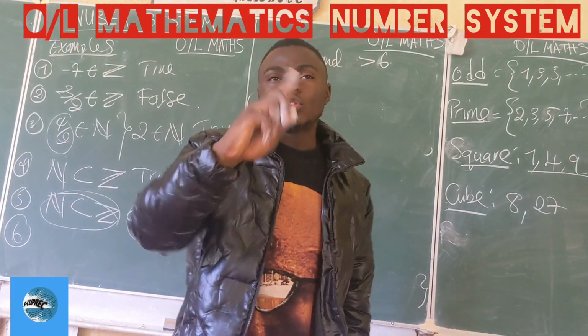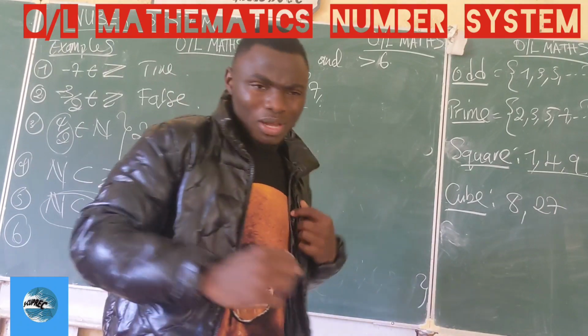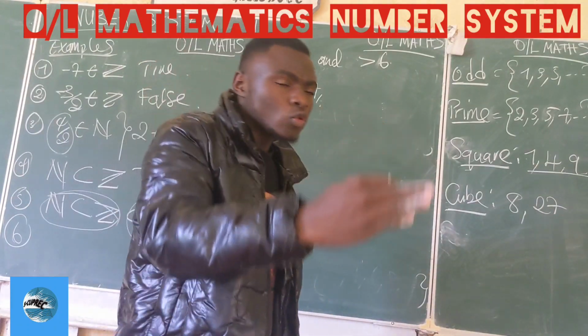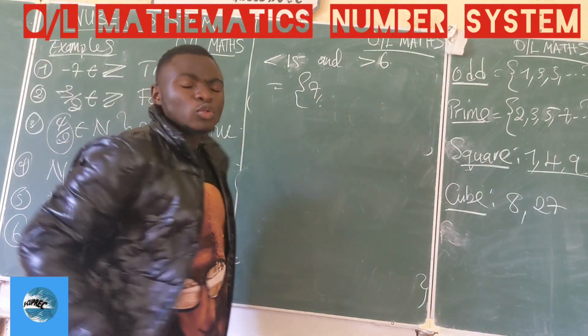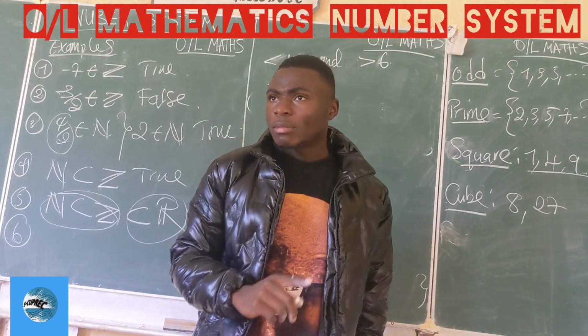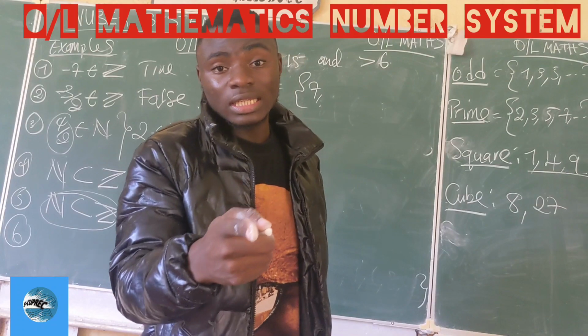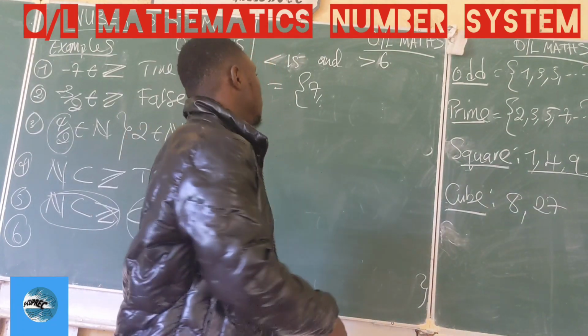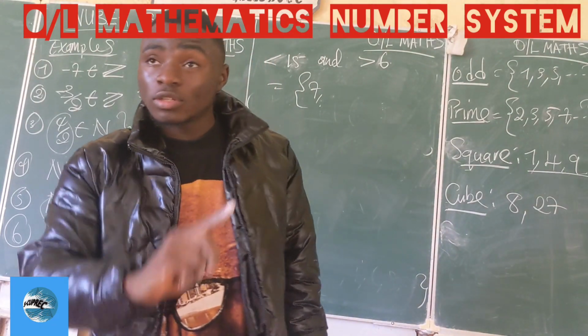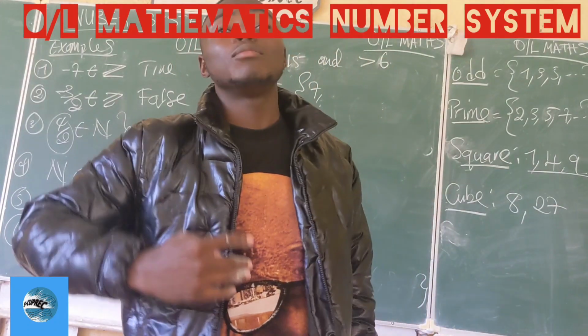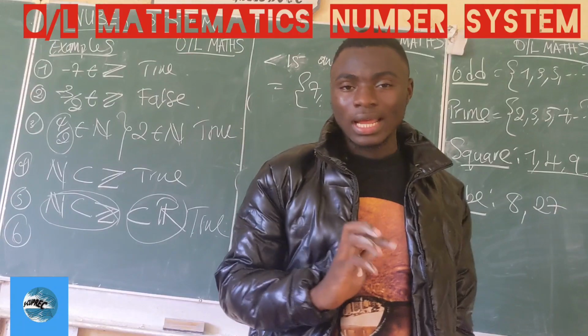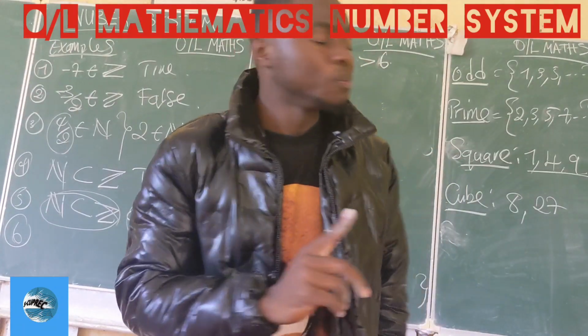No. Due to the fact that 8 can divide other numbers apart from 1 and itself without a remainder, like 2, 4, it makes it not to be a prime number. We go to 9. 9 is not a prime number because it can divide 3. 10 is not a prime number due to the fact that it can divide 5. For something to be a prime number, it must be able to divide only 1 and itself without the remainder.